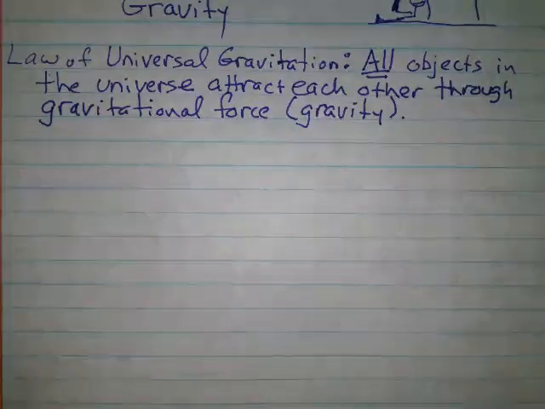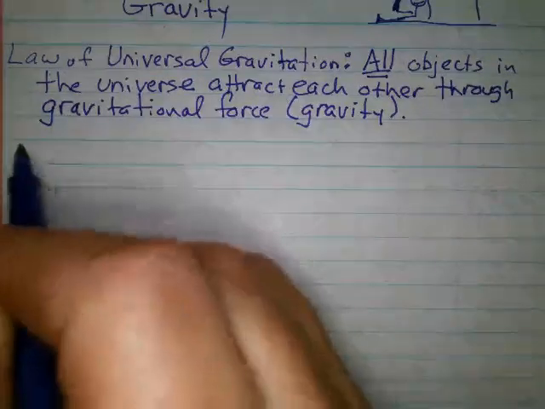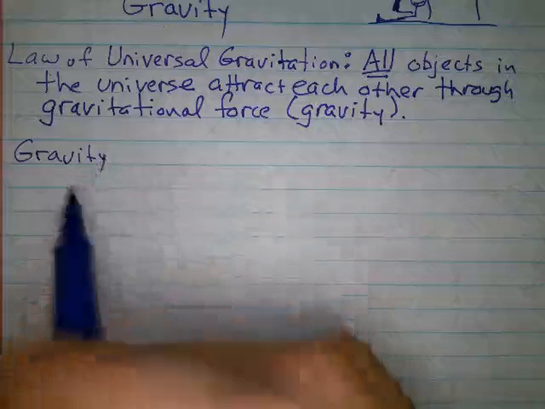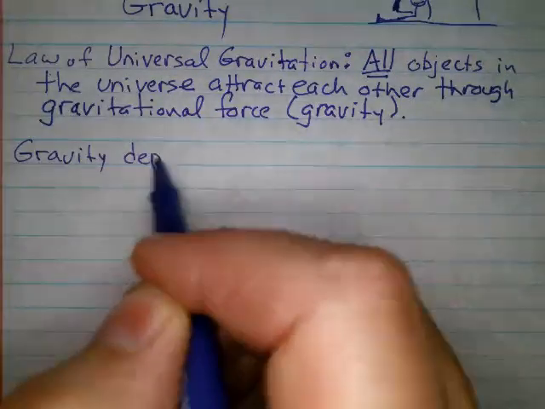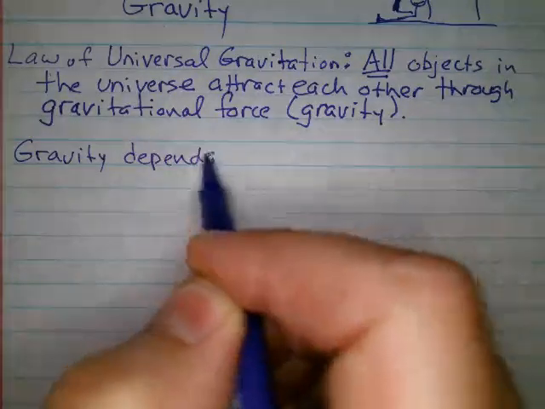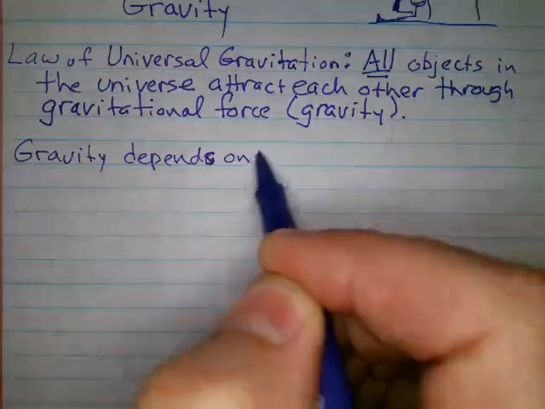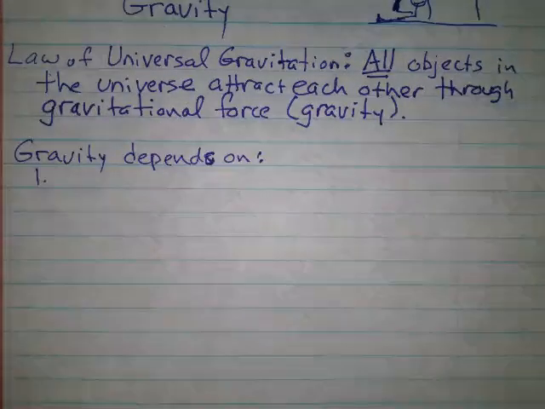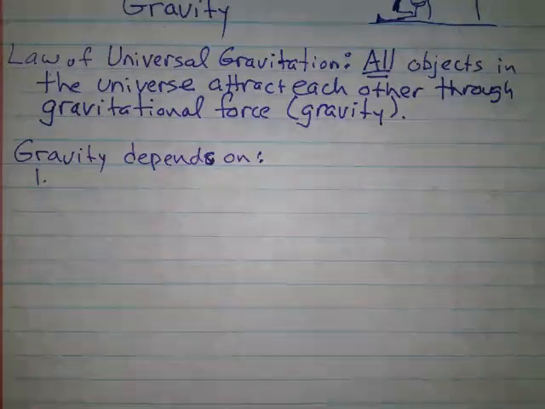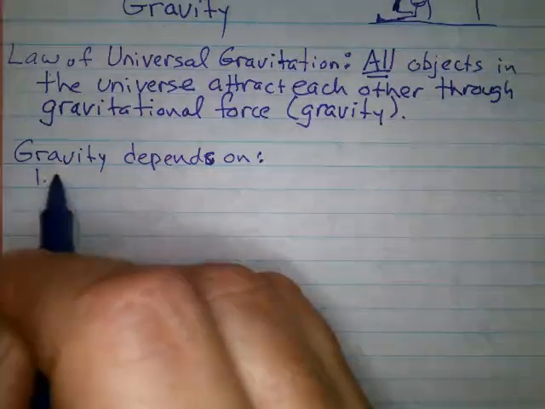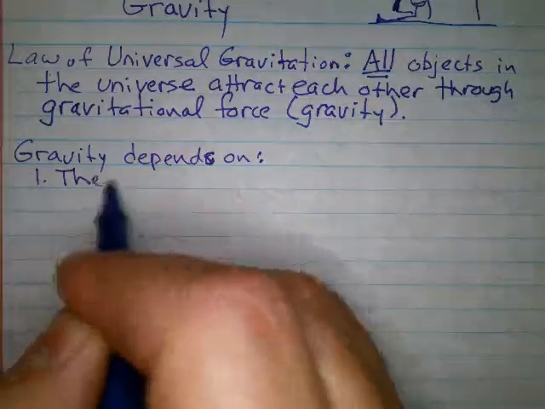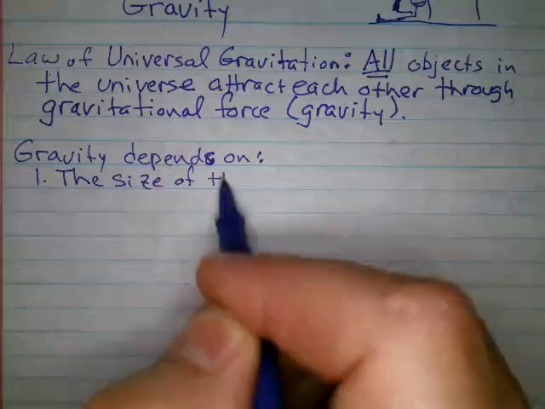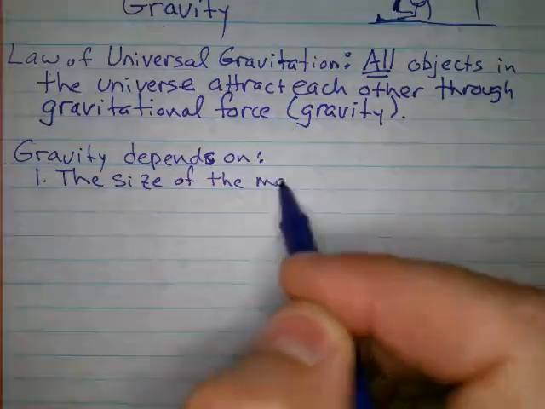All right, a couple things we've got to talk about with gravity. Write this down. Gravity depends on two things. You've got to write these down. Number one, gravity depends on the size of the mass. Now this is really obvious to us.